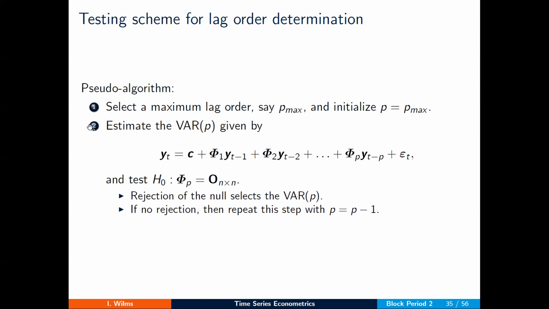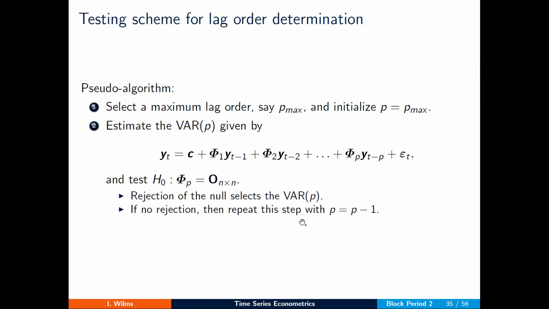So you can estimate the VAR with 10 lags and then test the null that the parameters at lag 10, so the highest order lag, are jointly equal to 0. If you do not reject the null that all parameters are equal to 0, that gives an indication that you don't really need to go 10 lags back in time.